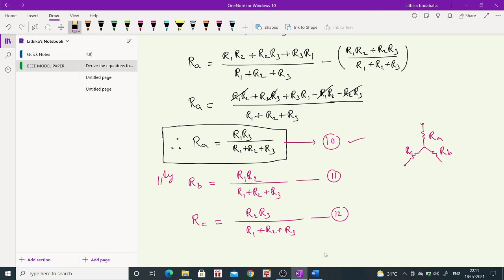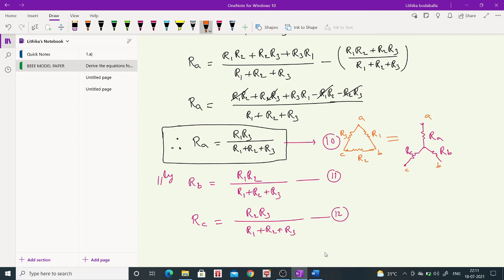These delta resistance values are given. This is R1, this is R2, this is R3, and here this is A, this is B, and this is C. We know the delta resistances, the values of resistances connected in delta are known to us.